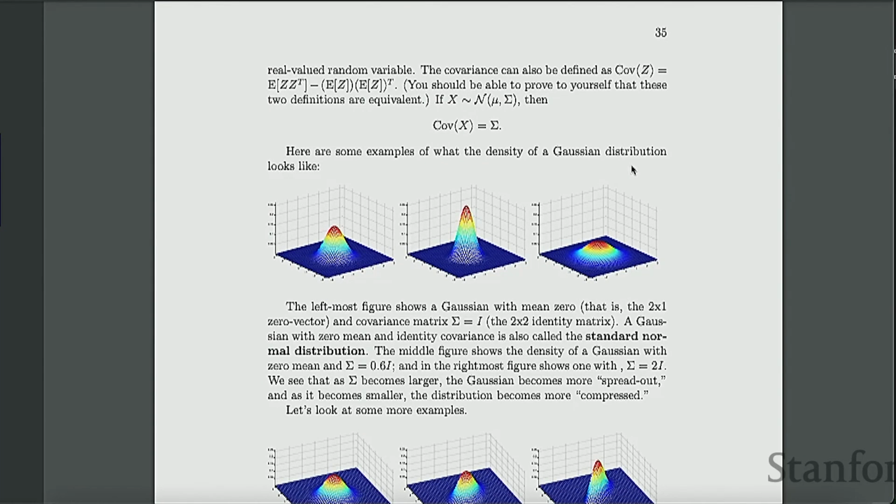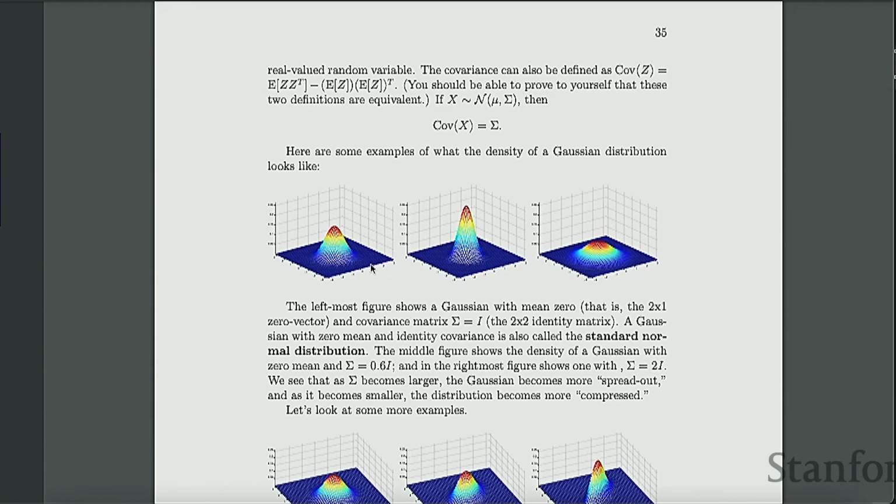Okay, so these are some visualizations of the density function. Just look at the figures first. This is a 2-dimensional case, and you visualize the density of the Gaussian distribution. The density always looks something like this.